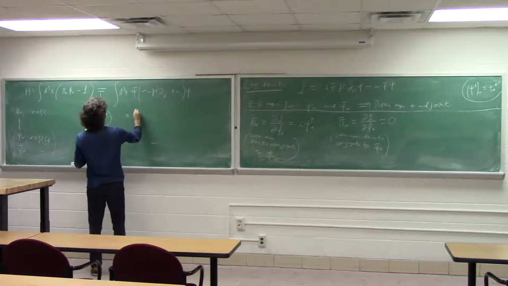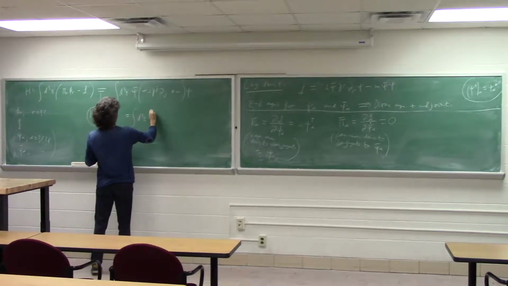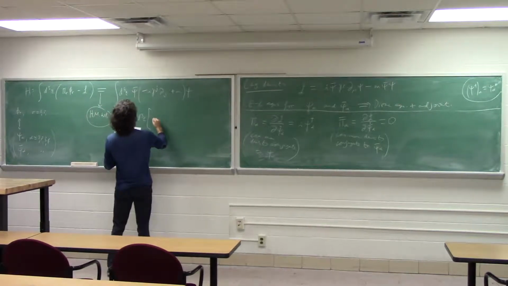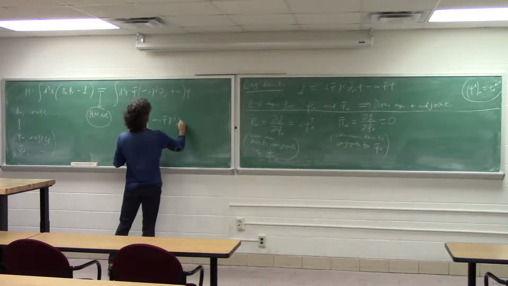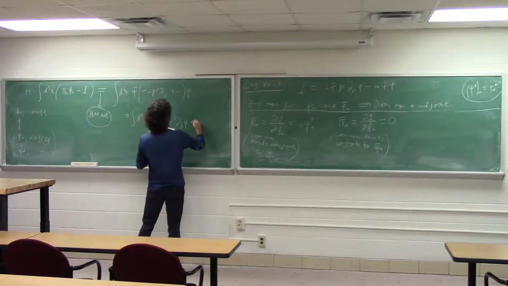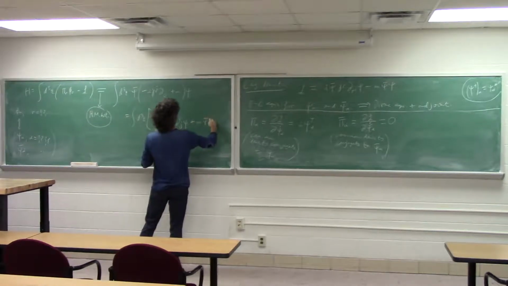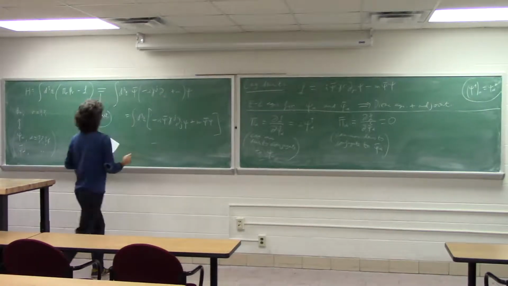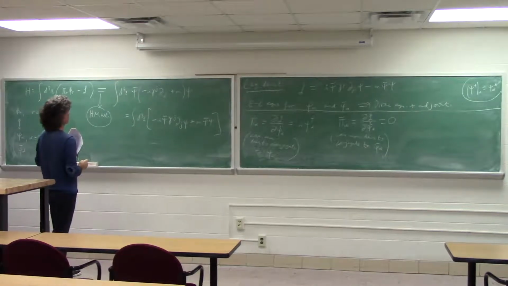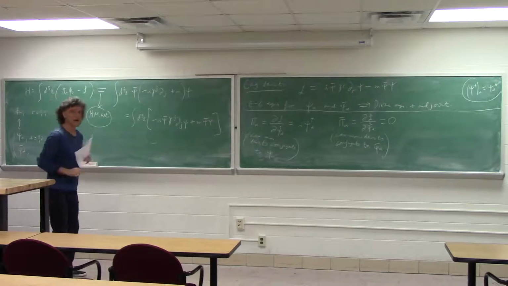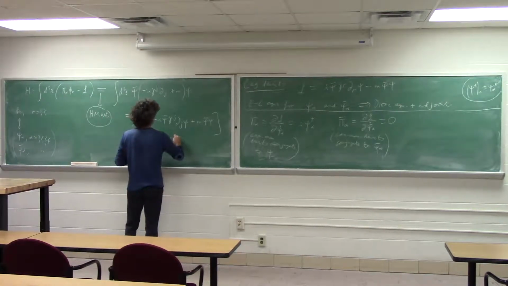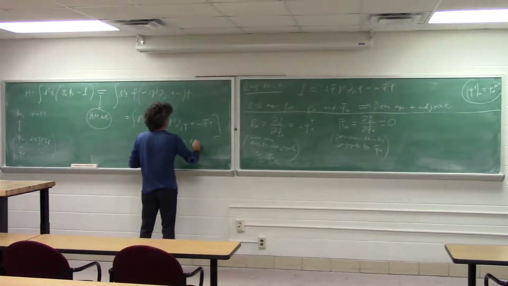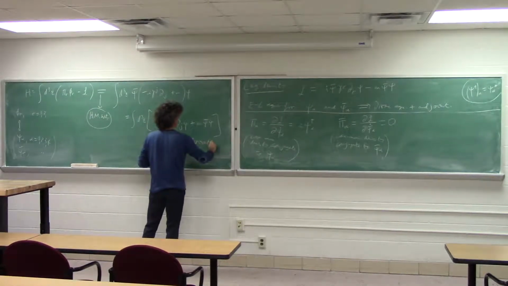I don't like the way the book writes it, so you might want to write it like this: minus i psi bar gamma j d_j psi plus m psi bar psi. Okay, so notice that there's no time derivative.